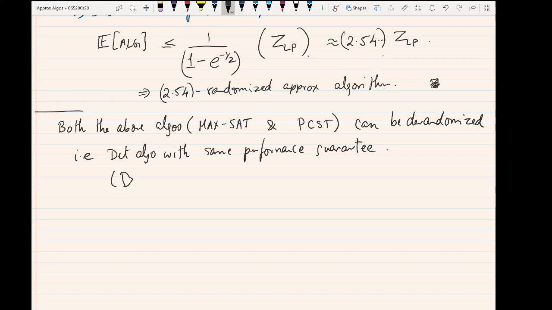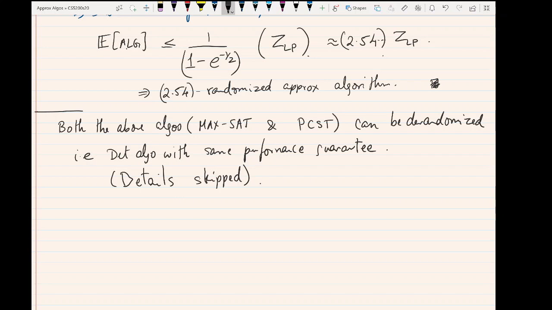So I'm going to skip the details of how this is done. But notice that analyzing the randomized algorithm is also much easier than what it would have been for the corresponding deterministic algorithm.